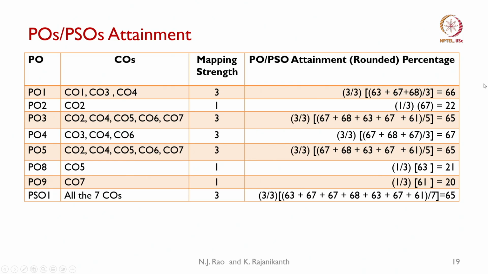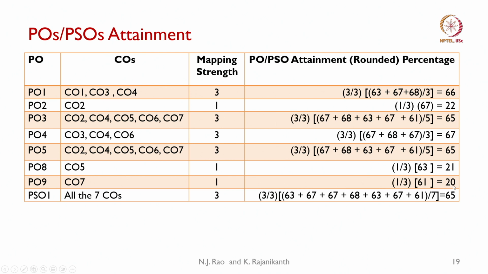It is 1, and so the attainment is 60. Whereas when you come to CO2, the mapping strength is 1 and the actual attainment is 67. Actual mapping strength divided by 3, 1 by 3. So the attainment of PO2 is only 22. Okay, so that is how you keep computing depending on the mapping strength.